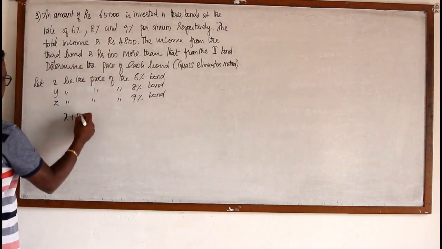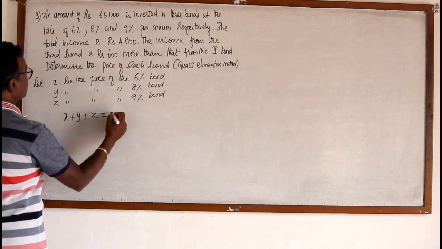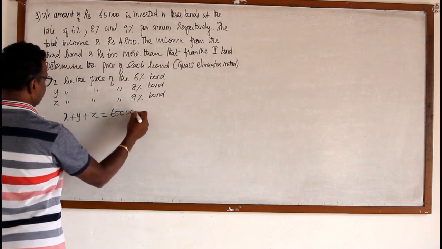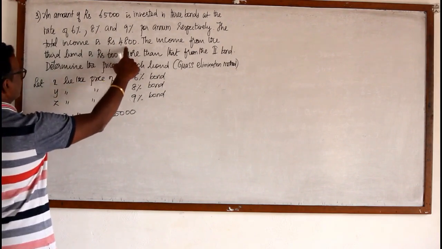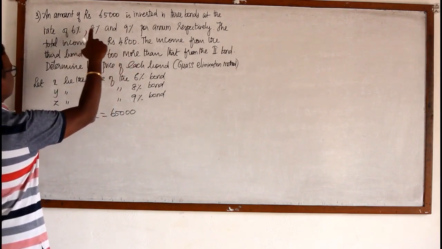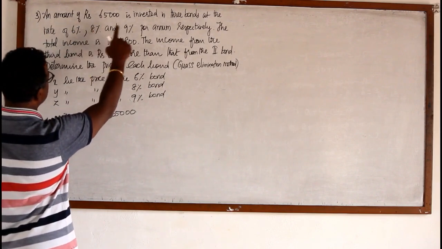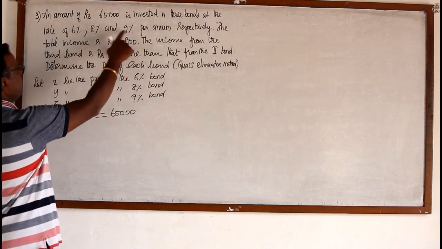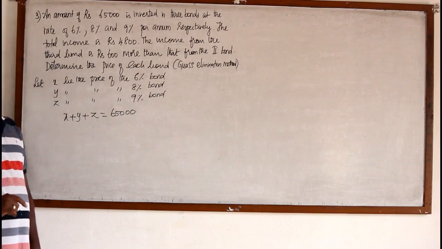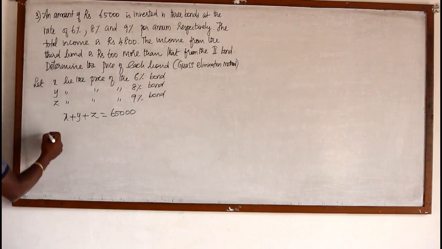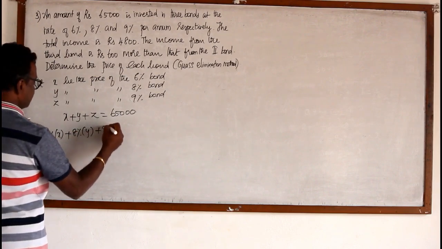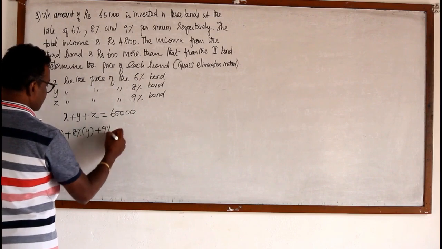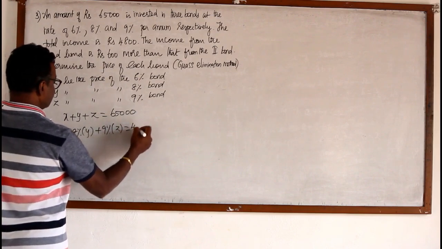That means the first equation is X plus Y plus Z equal to 65,000. Now for the second equation, they gave the total income as 4,800. That means income on the first investment plus income on the second investment plus income on the third investment, if I add all this, gives me 4,800. That means 6% of X plus 8% of Y plus 9% of Z is 4,800.